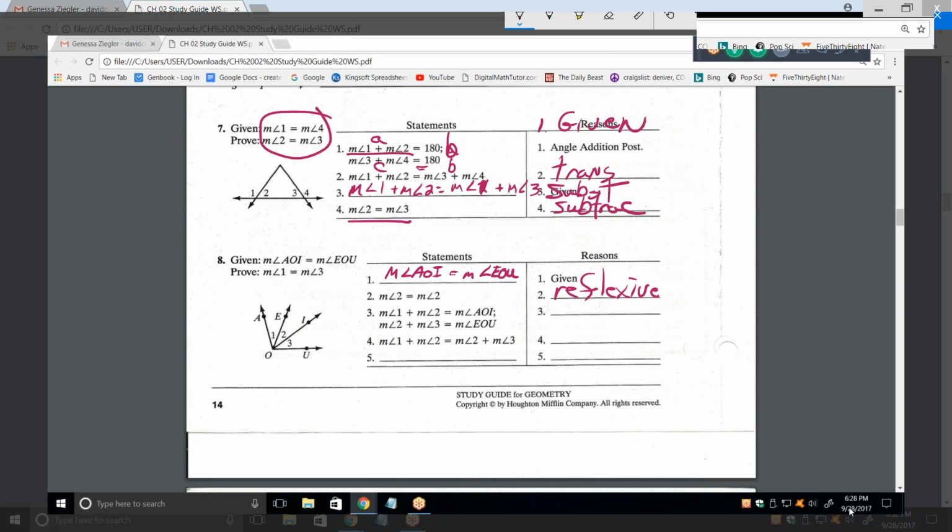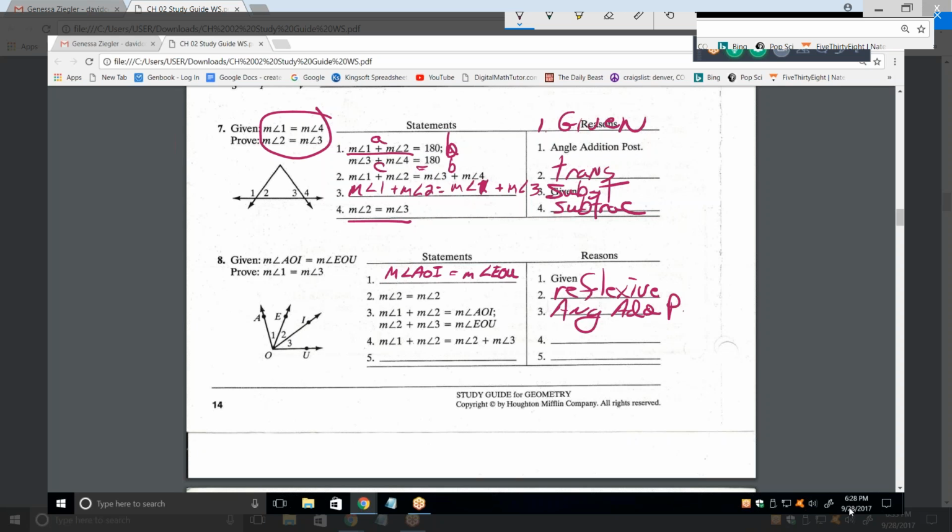So now the measurement of 1 plus angle 2 equals the measurement of AOI. And 2 plus 3 equals EOU, which is the angle addition property? Yeah.